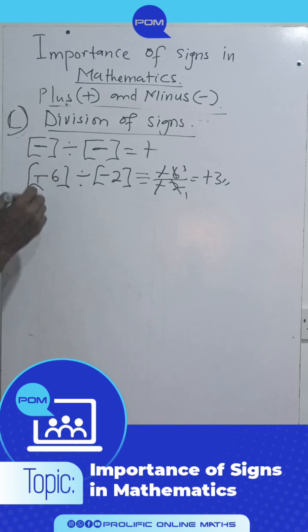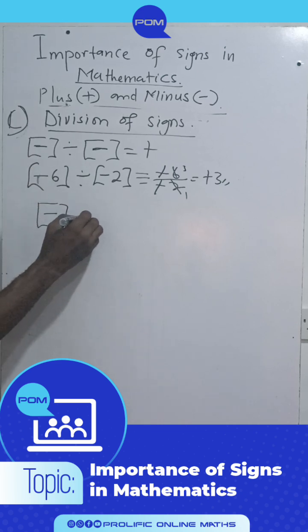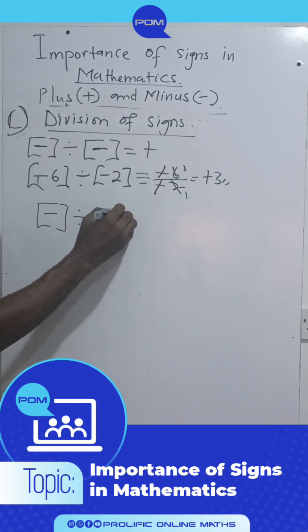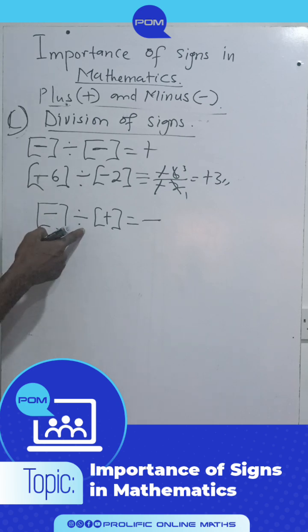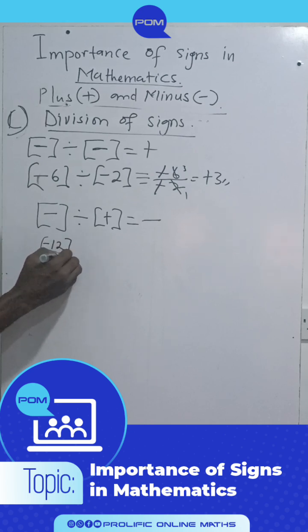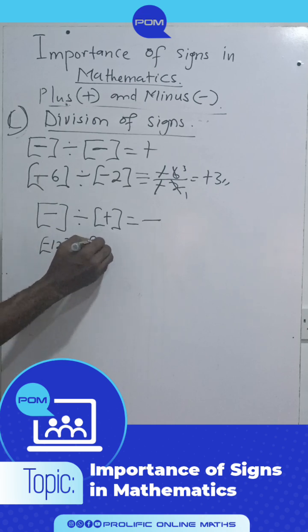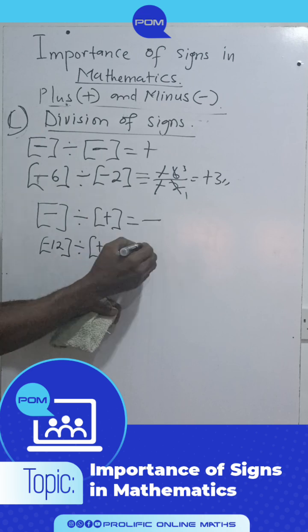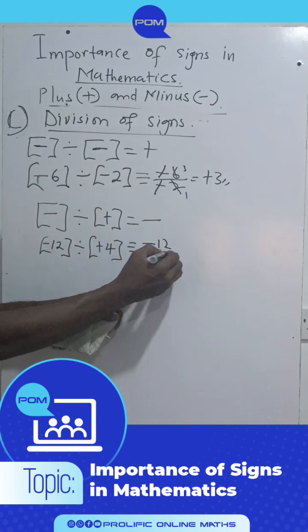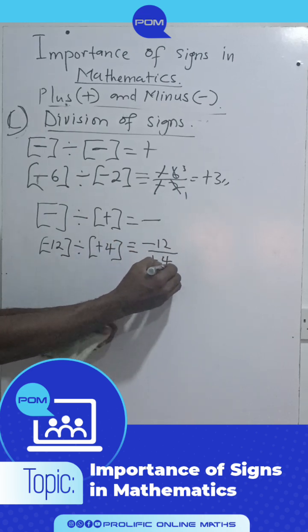So we move on. A negative sign divided by a positive sign will always give you negative. By implication or application, we will be having negative 12 divided by positive 4, which can be further expressed as negative 12 all over positive 4.